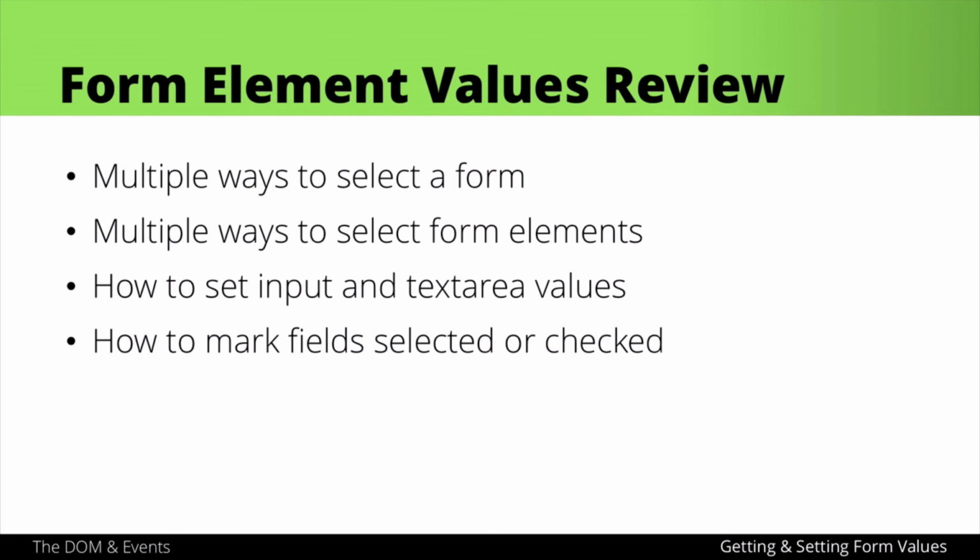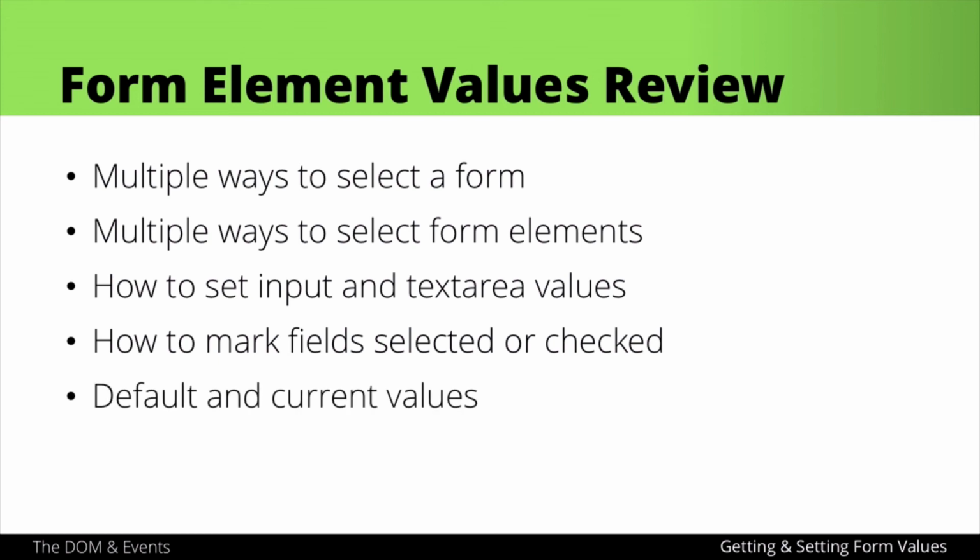Now, what we didn't look at here is how we can change and modify all of the other attributes, but this is the exact same as what we've looked at in past videos. This is not any different for forms. So if you wanted to modify any of these different attributes, you could do so using getAttribute, setAttribute, that sort of thing.